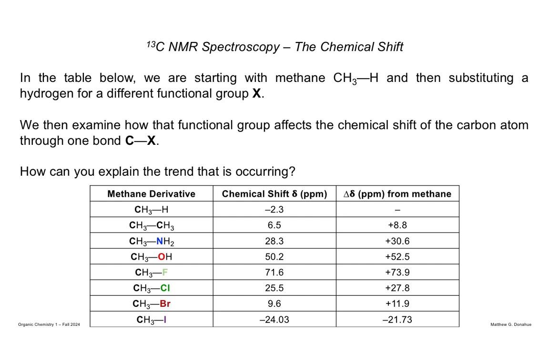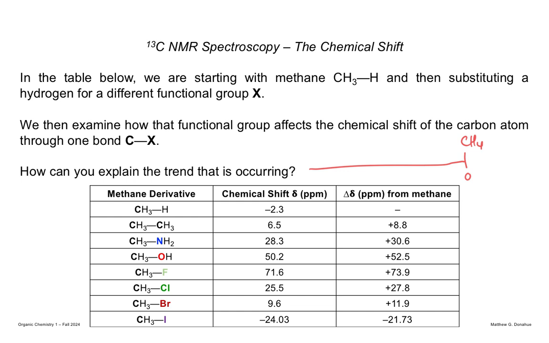So I'll walk through maybe entries 1 and 2 on this table just to show you the logic. I'm just going to say methane, the carbon. Now we're only talking about the carbon.